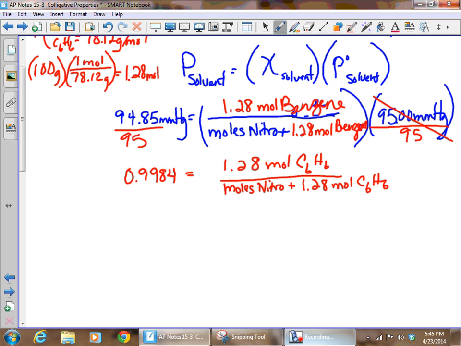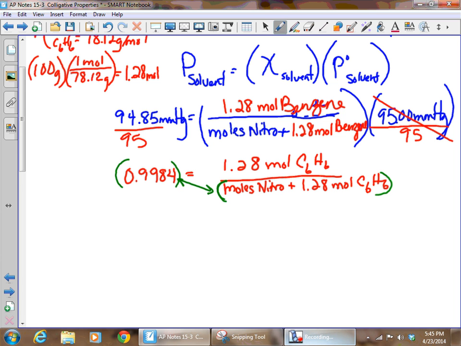Treating this as a single entity, I'm simply going to multiply both sides by this and divide both sides by the 0.9984. So, kind of a shortcut, which maybe the math teachers wouldn't appreciate. I'm just going to switch places with these.